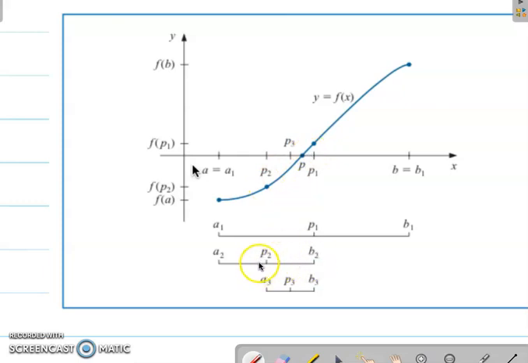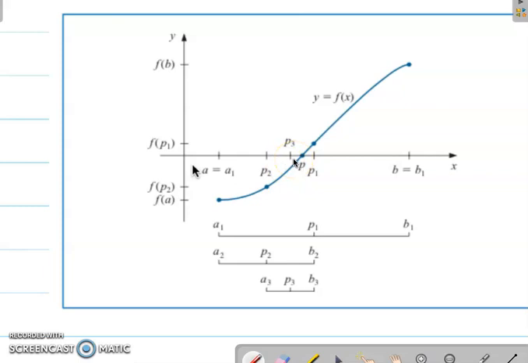In the third iteration, we divide this interval in the middle, which is p3, and we check again by putting the value of p3 in the function and seeing whether it is positive or negative.